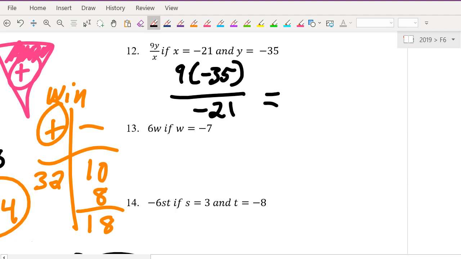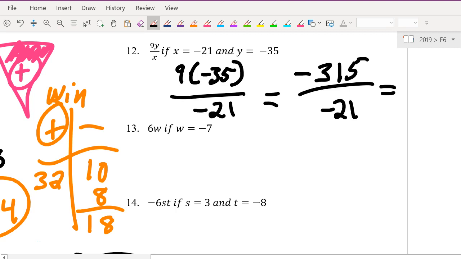Now you have to multiply 9 and negative 35, which is negative 315. And then over negative 21. Division, to divide. Anybody know what that number is? 15. Positive or negative? Positive.